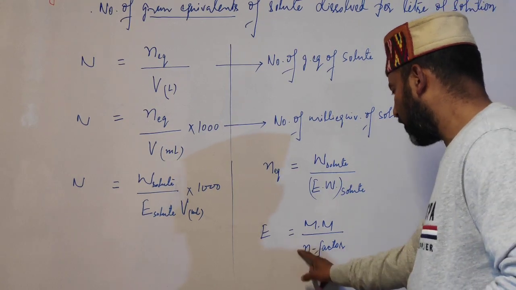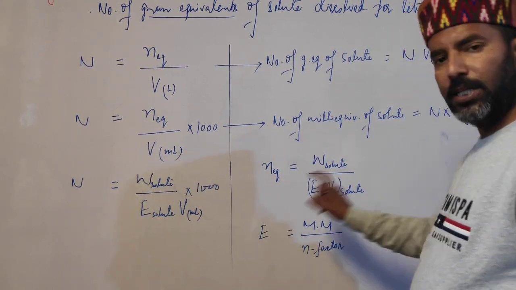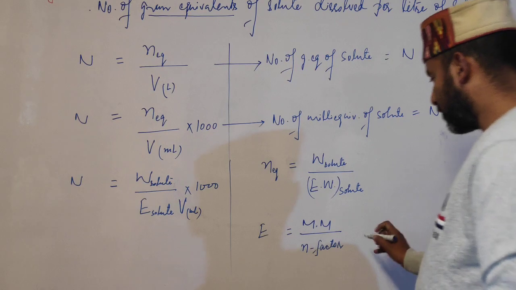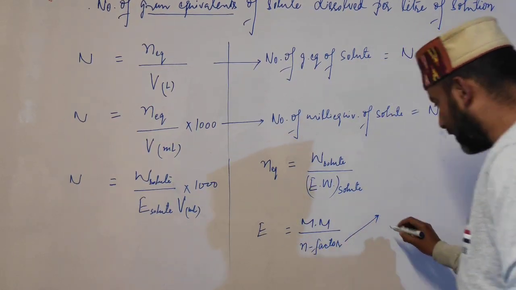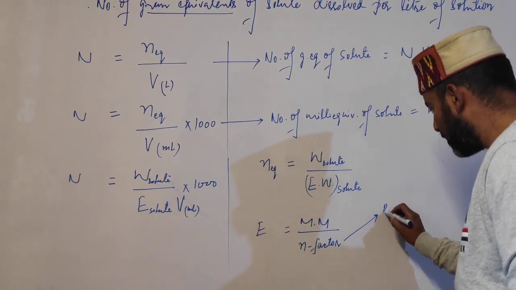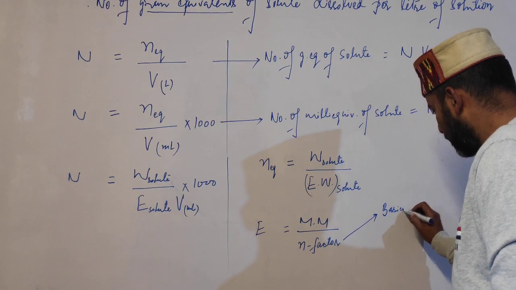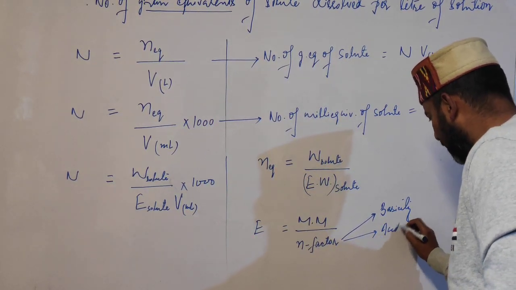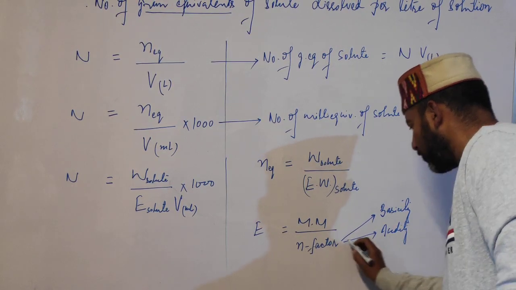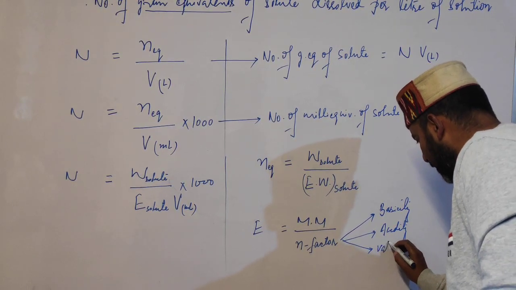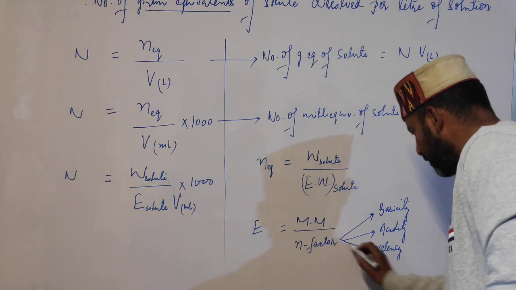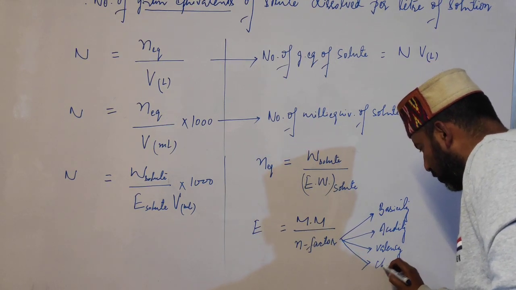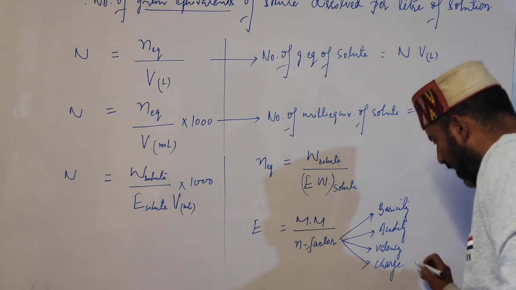Now this valency factor depends on the nature of the substance. Generally for an acid, the N factor will be the basicity of the acid. For a base, the N factor will be the acidity of that base. In case of an element, it will be simply the valency of that element. In case of an ion, it will be equal to the charge on the ion.